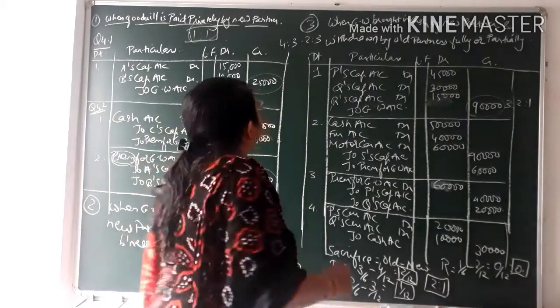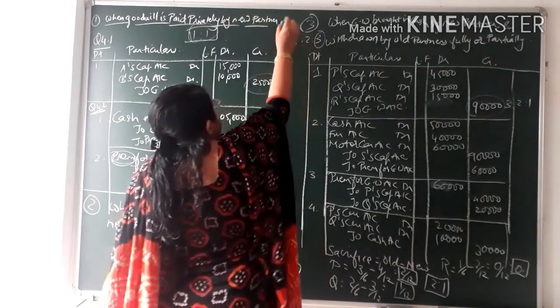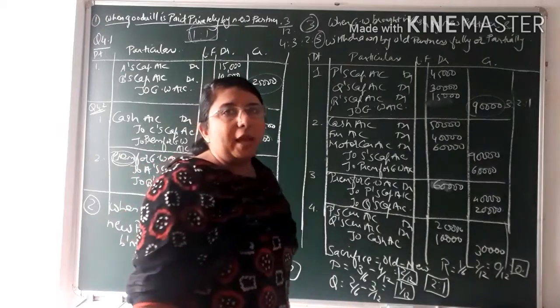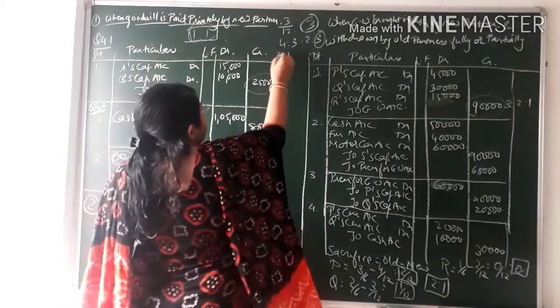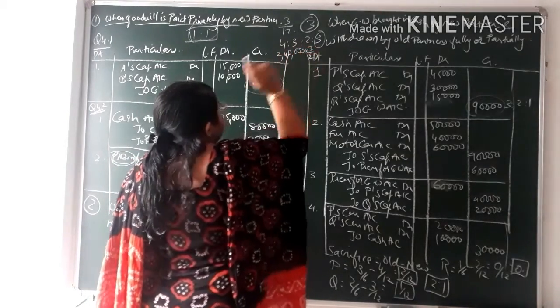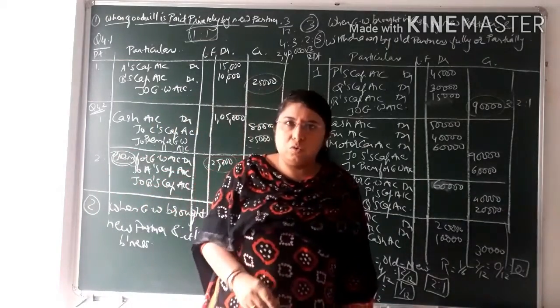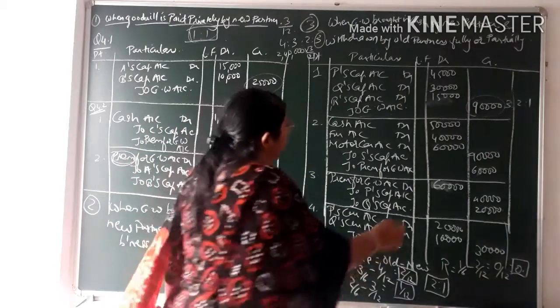Now with the new ratio 4:3:2:3, the share of the new partner would be 3/12. So the total goodwill, 2,40,000, multiplied by 3 divided by 12. 12 2s are 24, 20,000 into 3 would come to 60,000. So the share of goodwill of the new partner would be 60,000.